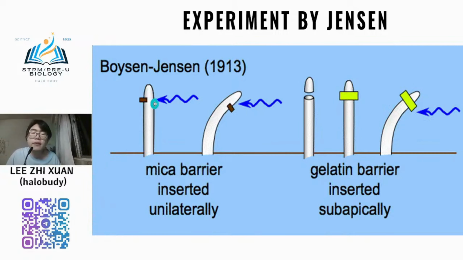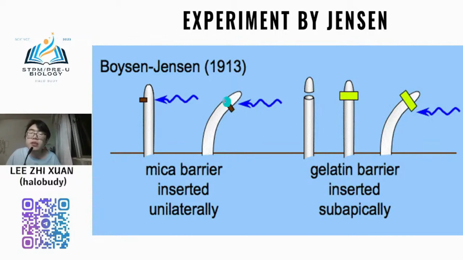You see here this arrow is indicating the light response. When there is the barrier here and the light comes from the right hand side, there is no response here. And then if you see this, when the barrier is inserted at the right hand side and the light comes from the right hand side, there is a response here.